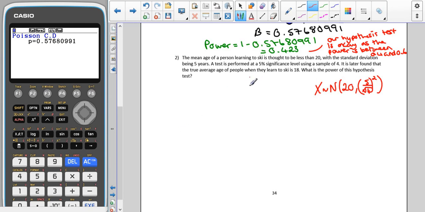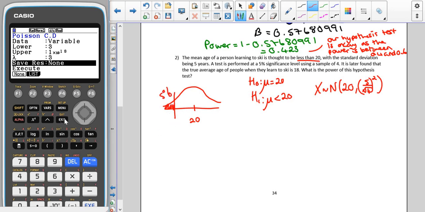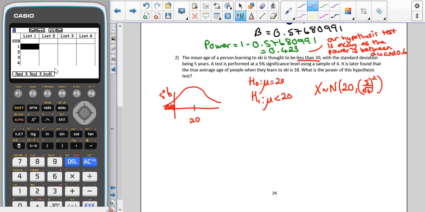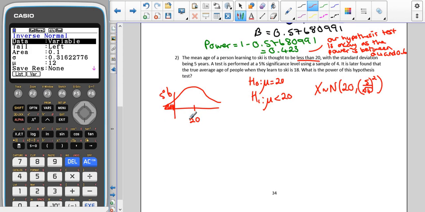So if we were doing a hypothesis test here, our H0 would be that mu is 20. We're seeing if it's less than 20, so our H1 would have been that mu was less than 20. So if we had our normal distribution with our mean in the middle, we're wanting a value such that, because it's a 5% significance level, we have 5% down here. So we're going to go back into dist, norm, inverse normal, because I know the area, I'm trying to find this value here.